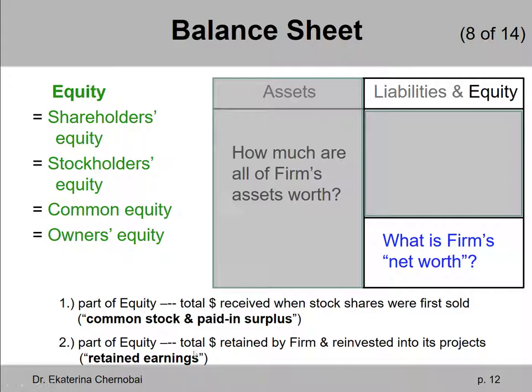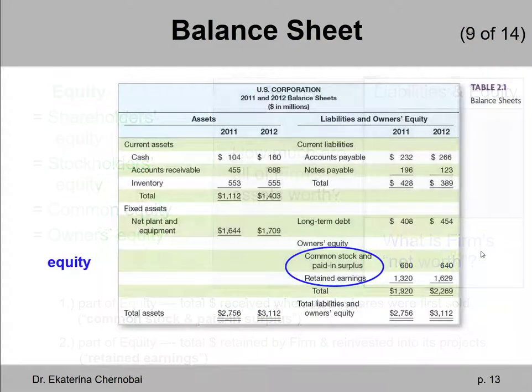So profits could be distributed as dividends to the stockholders, or maybe some are distributed and some are retained, or maybe all of profits are retained. So the amount that is retained every year is added to the firm's equity in the balance sheet. And again, our sample balance sheet shows the two components of equity in the bottom right of this balance sheet.